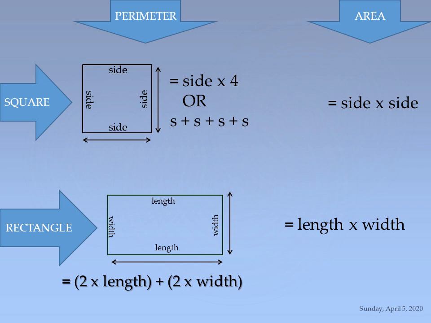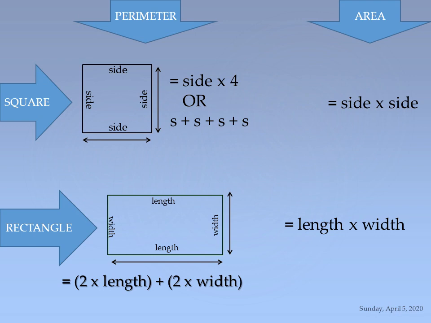Remember when we did polygons? Remember what we said about a square? The properties of the shape. We said it has all equal sides, all angles are equal, and opposite sides are equal as well. So it means when you have the length of one side of a square, it's easy to find the perimeter of the whole square.